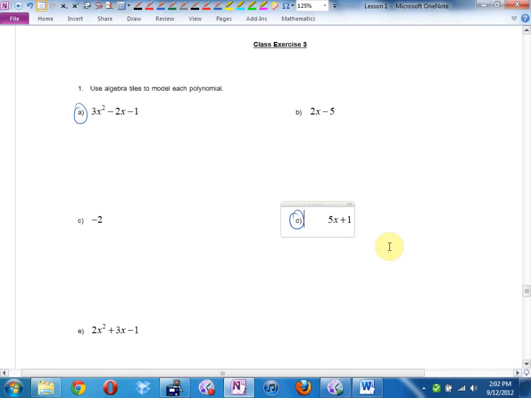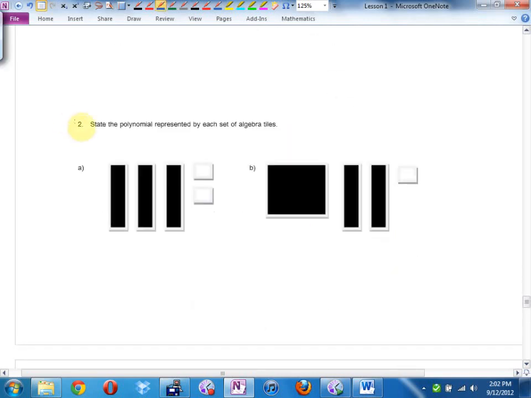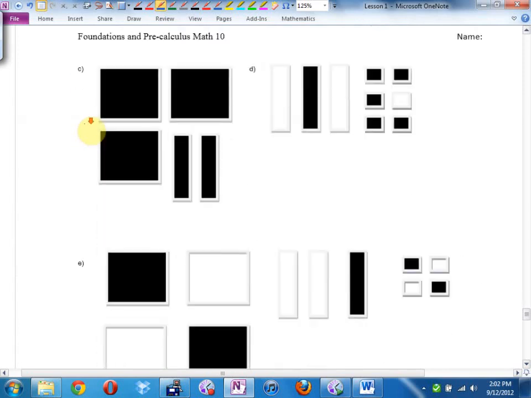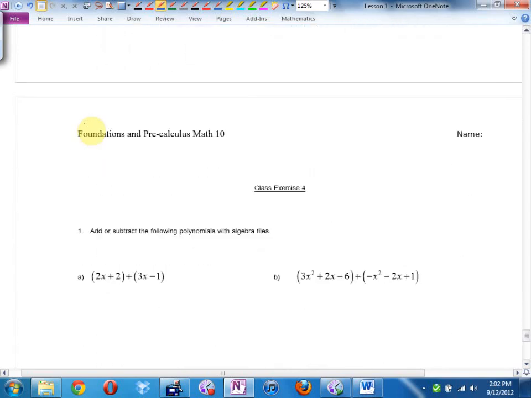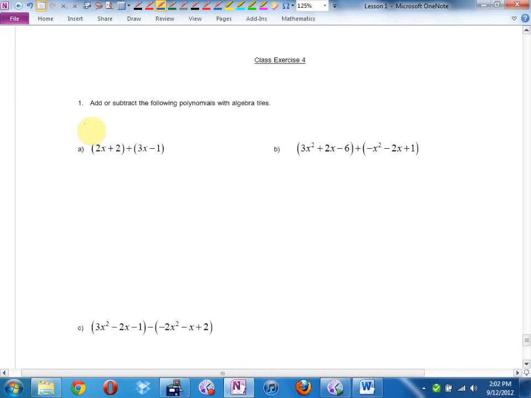Be afraid. So try drawing those, and then I think you can do all of number 2. Okay? Then I also attached class exercise 4, yes? I did, didn't I? Okay. It says add or subtract the following with algebra tiles.